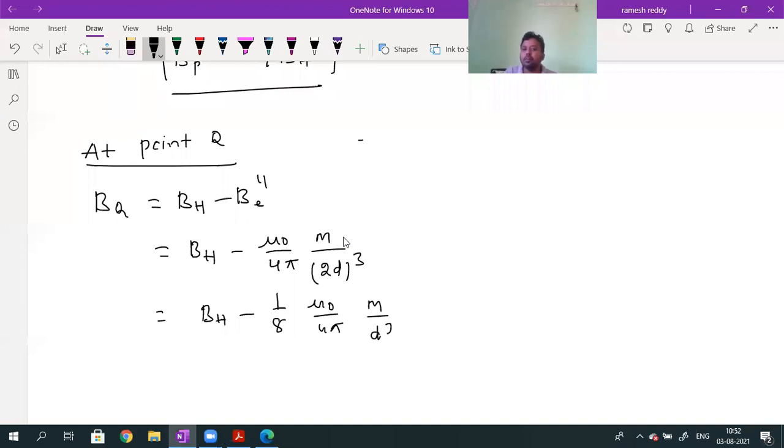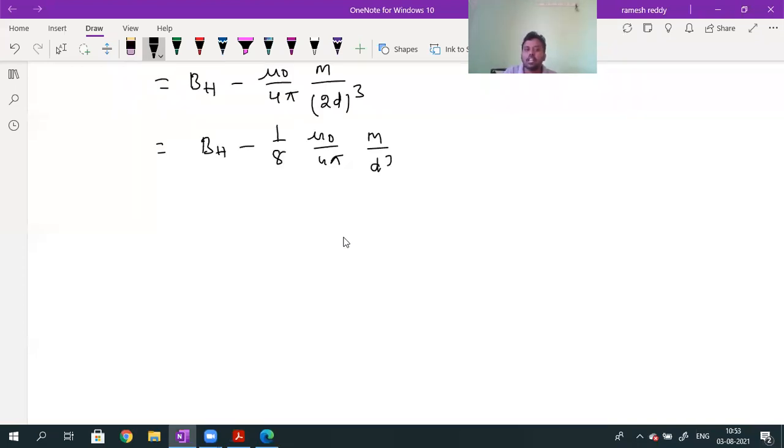This mu naught by 4 pi into capital M by d cube is equal to BH. So the answer is BH minus BH by 8, which is 8 BH minus BH over 8. So the total answer is 7 into BH divided by 8.